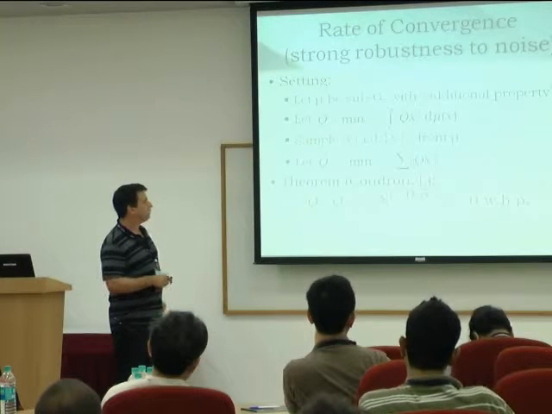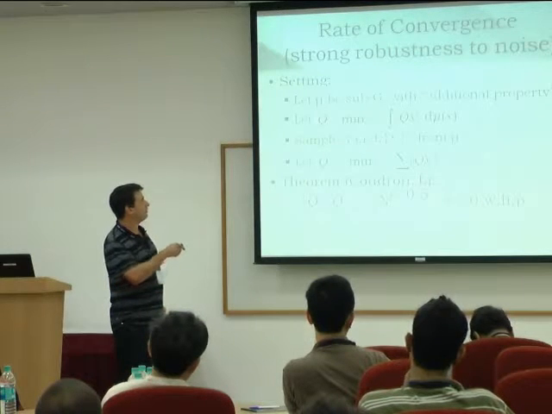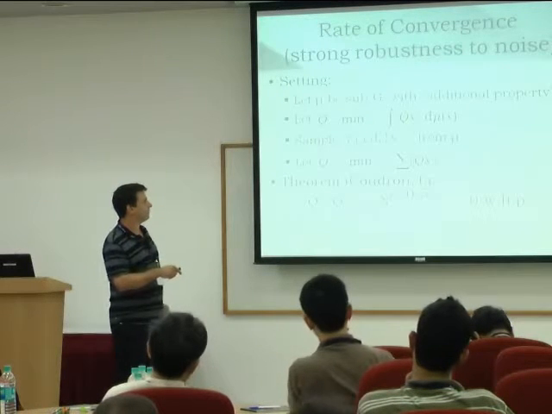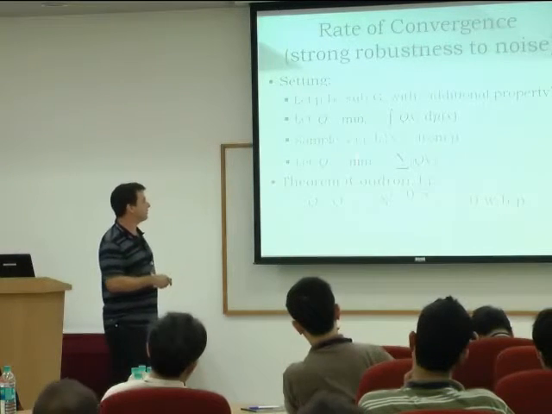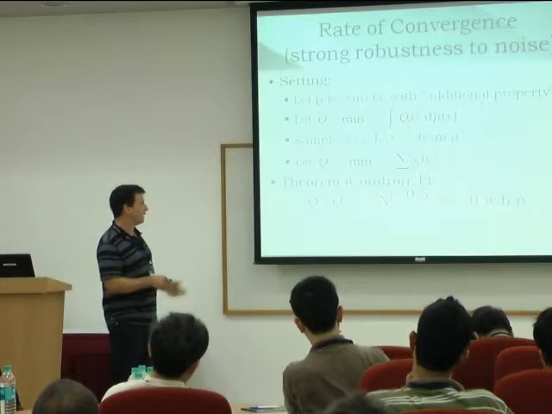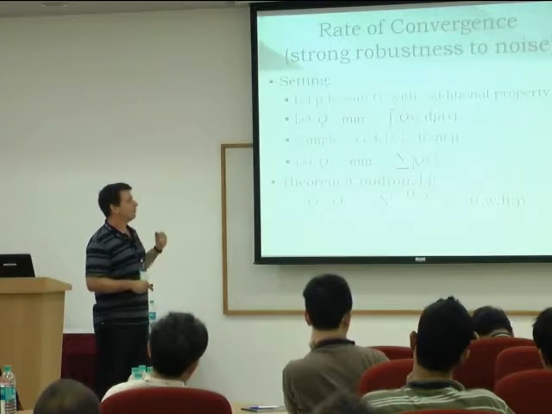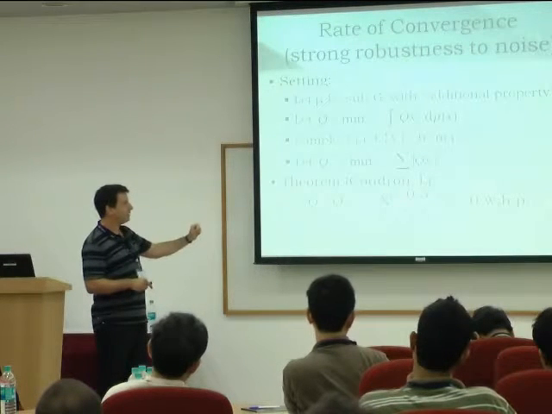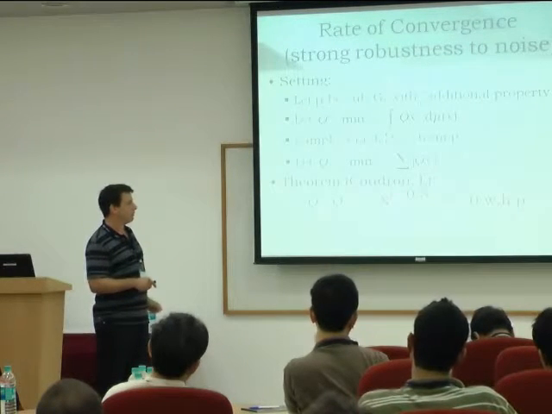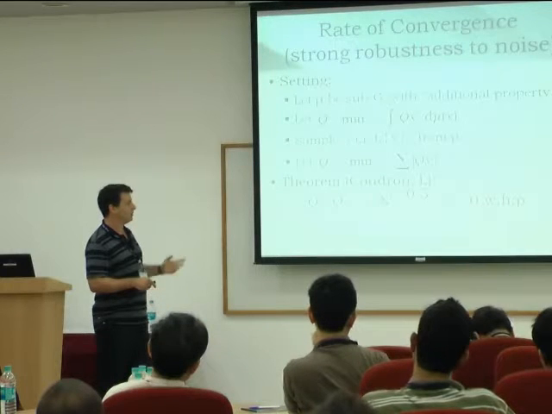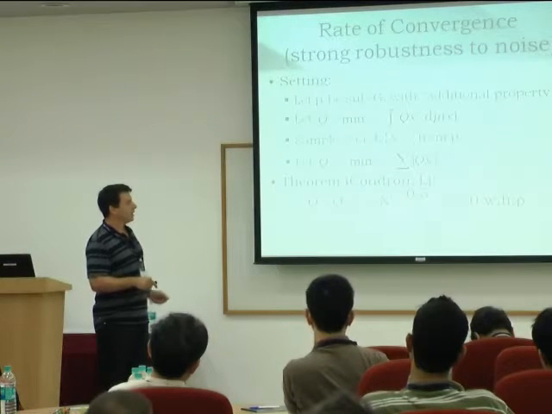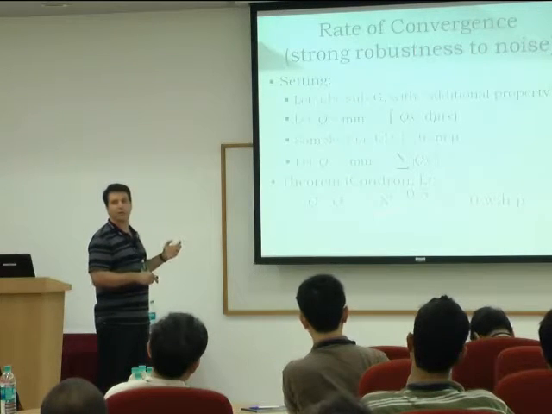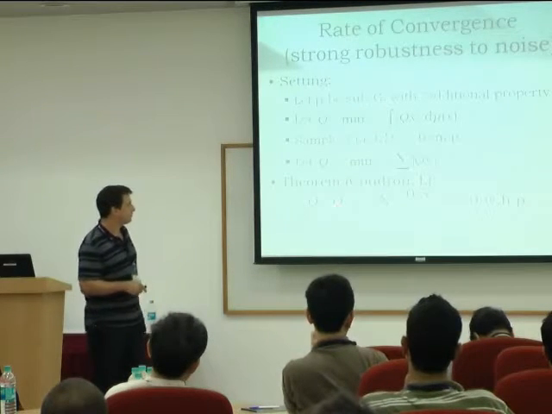We can show convergence of the minimizer of the discrete problem to the continuous problem and control the rate. If you recall, for PCA we had 1 over square root of n. Here we have a slightly higher one: we add epsilon, but then we have 1 over square root of n. You can take epsilon to be small, but then your constant will be really large, so I can't take epsilon to go to 0.